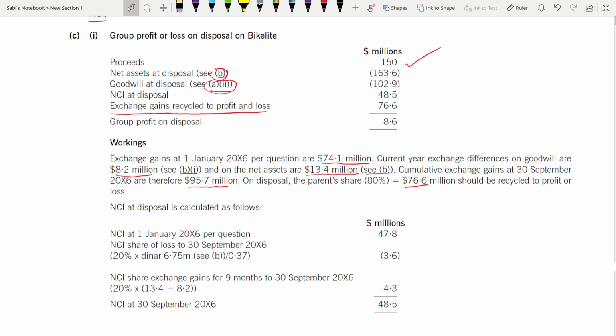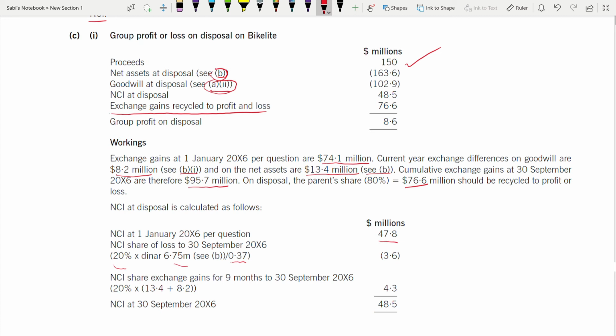Now NCI. So NCI per question is 47.8. NCI share of loss. So you're having a loss of 6.75. Out of that you're taking 20% because NCI is for 20%. And it's in dinar. So when you're calculating in dollar, you have to divide it by 0.37, the 30th September 2006 rate. So it will be 3.6. Next, the gain.